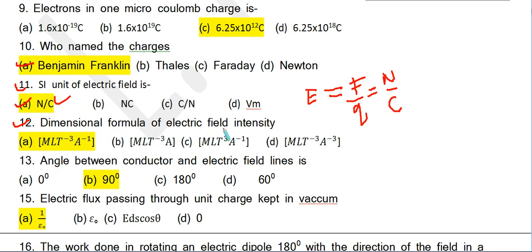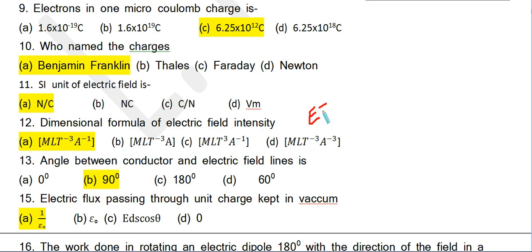Next, question number 12. The dimensional formula for electric field intensity is, so we can derive the dimensional formula from this formula. We know that electric field intensity E equals F upon Q. F is a force and its dimensional formula is MLT minus 2, whereas the dimensional formula for charge is AT.